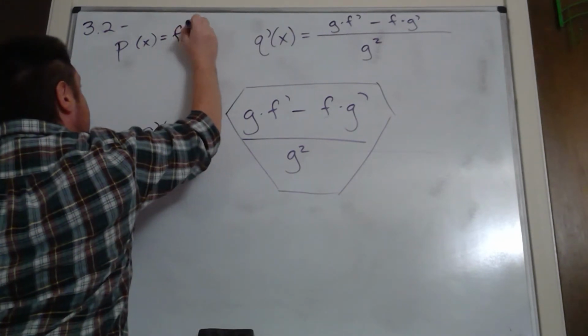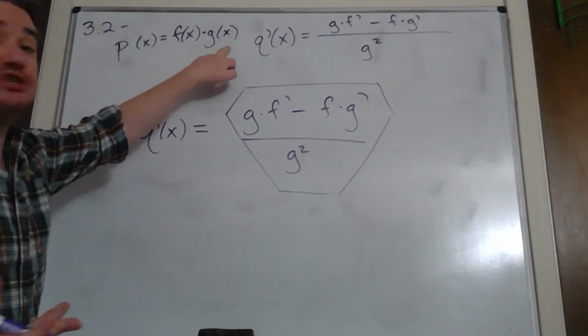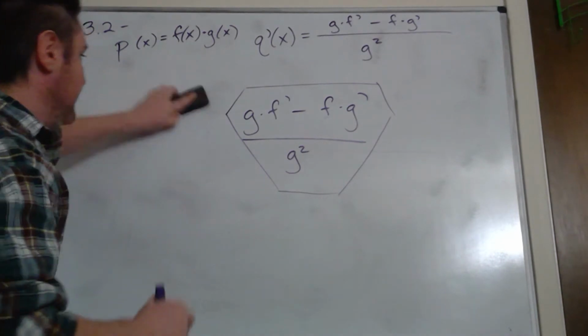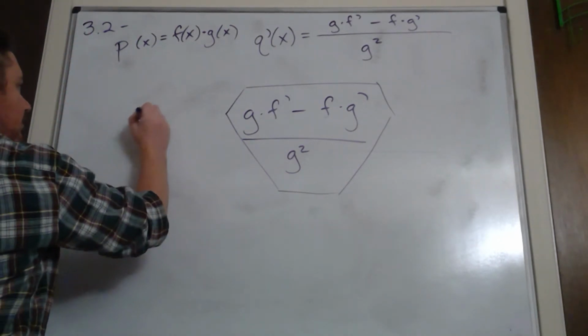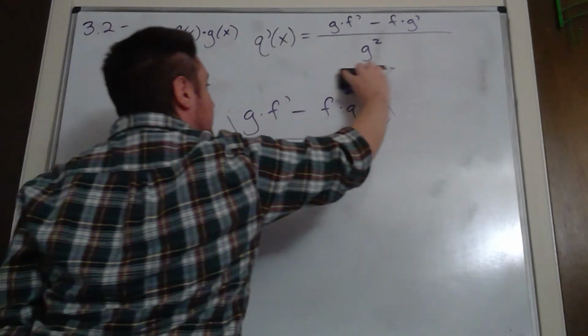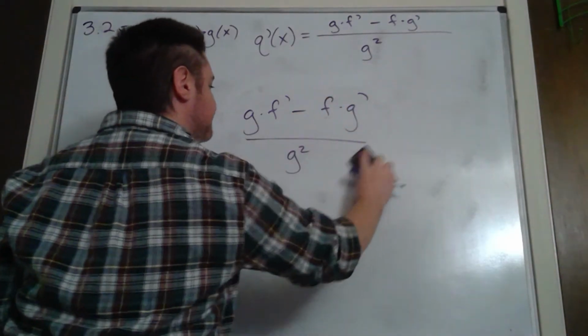Let's say it's a product of two other pieces, f of x times g of x. So now I'm going to call my derivative p prime instead of q prime, since my original function is called p. So let me erase my little Superman symbol.